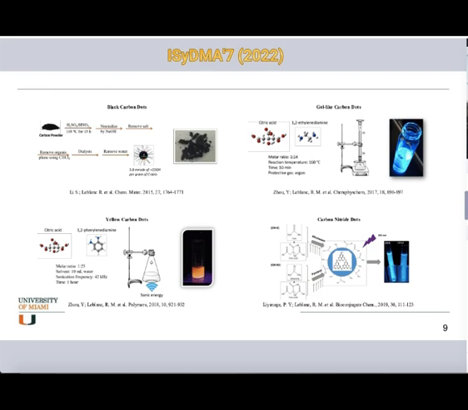And if I continue with the different types, this is a yellow carbon dust. This one is, again, the bottom-up approach, but using sonication. So we use citric acid, and by the way, citric acid is very popular for forming carbon dust. And we add 1,2-phenylenediamine.